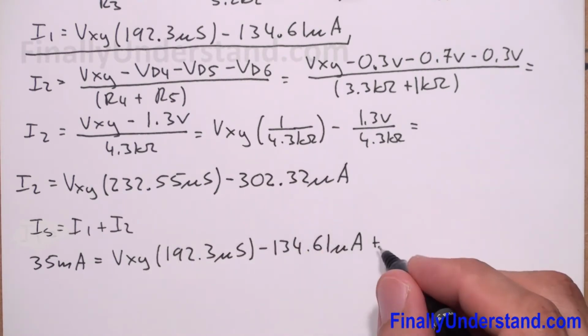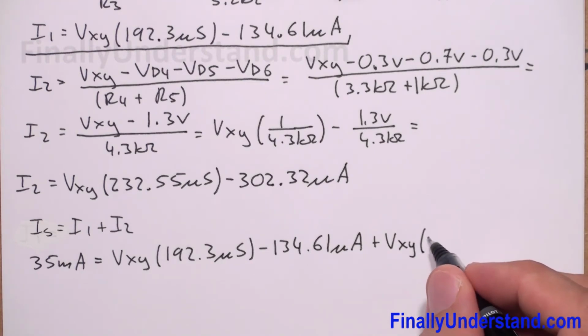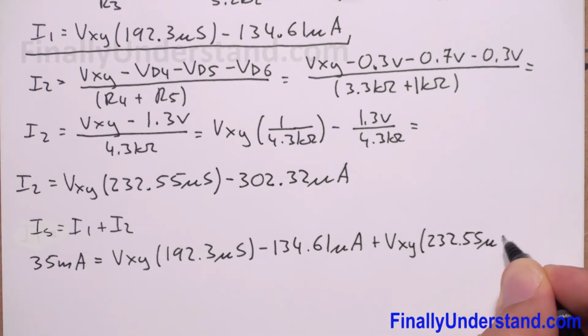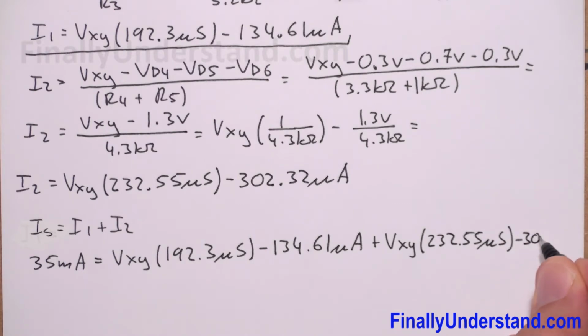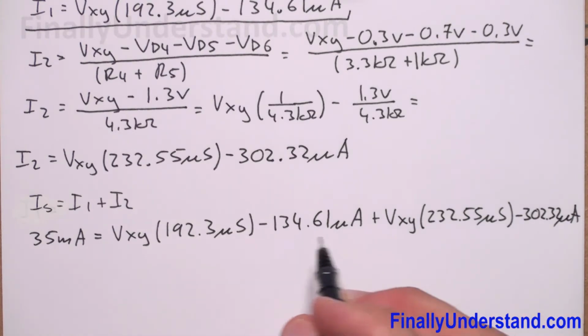Okay, so I have VXY times 232.55 microsiemens minus 302.32 microamps. Okay, so next I'm supposed to bring all currents to the left side and leave VXY on the right side.